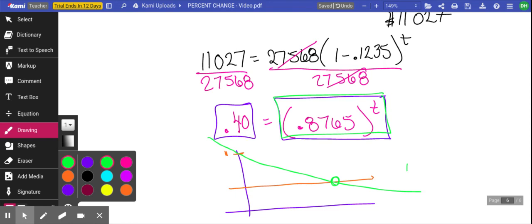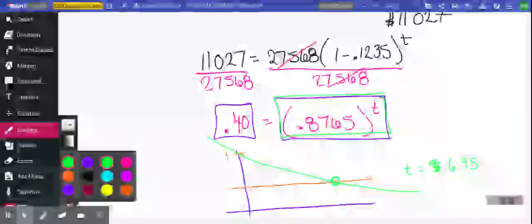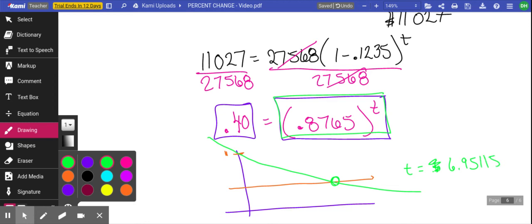And my intersection came out to be about 6.9511504. And then you could just round that to the appropriate place. I'm going to guess they'd probably go nearest to 100. So we'd say about 6.95 years, or right around that 7th year is when the vehicle's worth 40% of its original cost. All right. Hey, nice job, guys. Way to hang in there tonight on a very challenging topic.